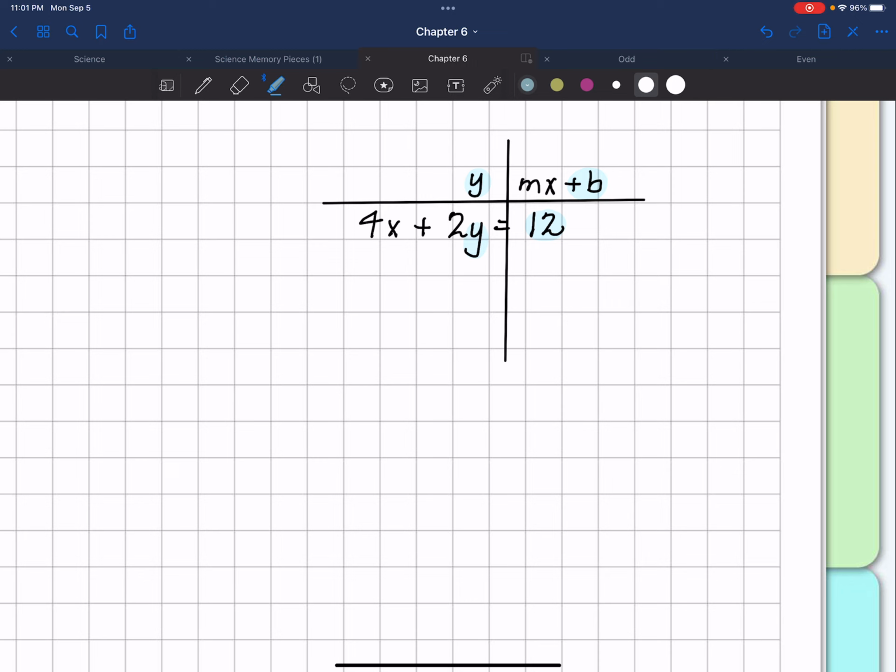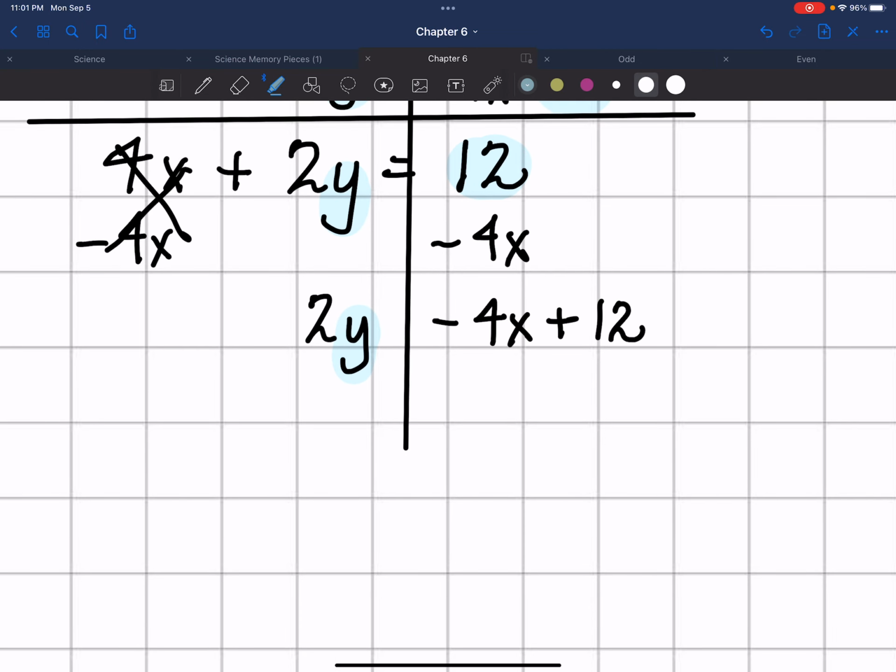But that 4x needs to move. So I'm going to subtract it from this side and subtract it over here and cancel. So I'm left with 2y is negative 4x plus 12. But then I still have that 2 sitting there. Remember, we just want a y.